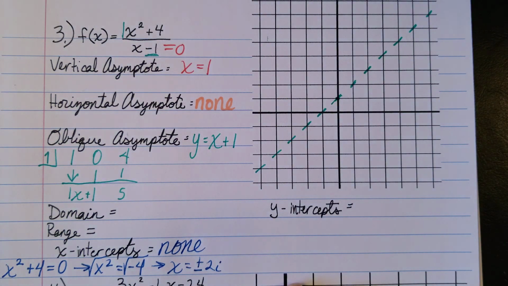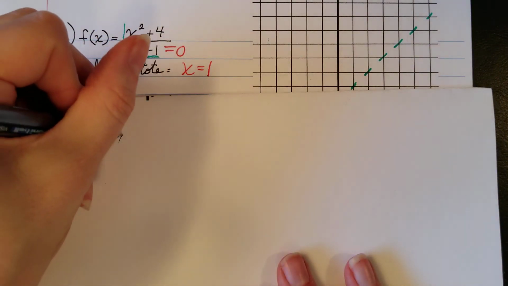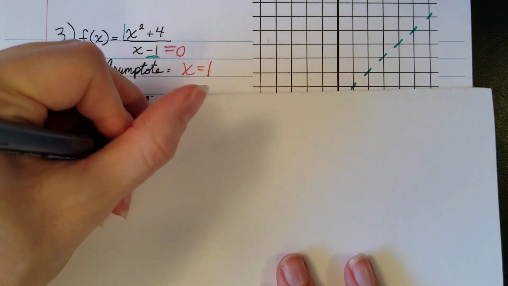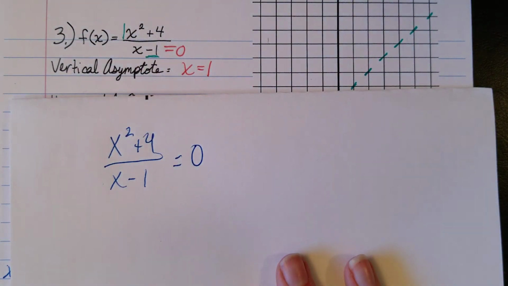Okay. And if you want to know why we always just set the numerator equal to 0, I can show you real quick. Let's say we were to set the whole function equal to 0, x squared plus 4 over x minus 1 equals 0. That's normally what you do to find the x-intercept: you set the whole function equal to 0 and solve for x.